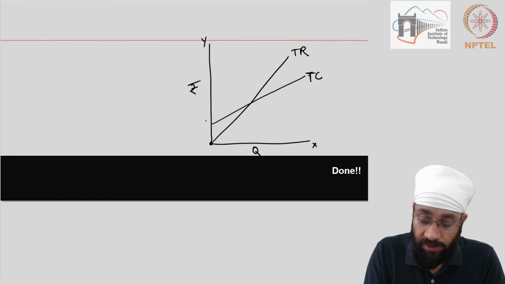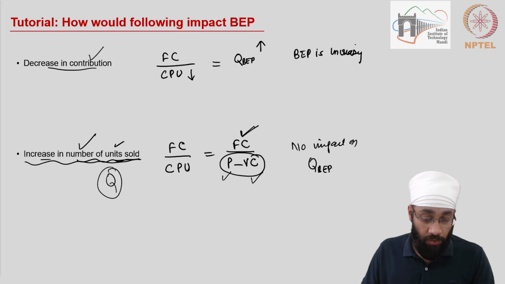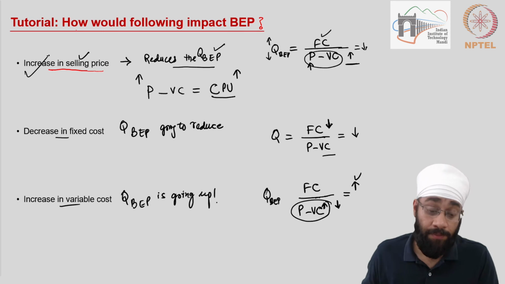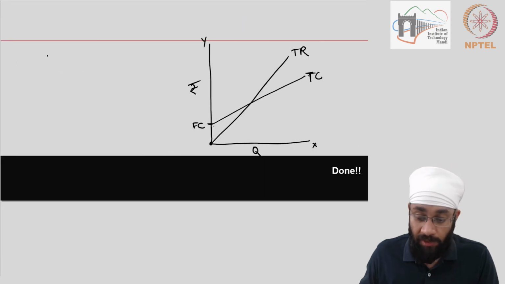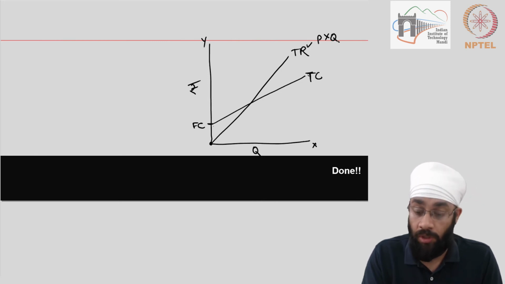And the total cost starts at a minimum level, which is the fixed cost, as we know. Now, if I were to look at, let's say, one of these numbers, the first one was selling price. P goes up. If P goes up, what is it affecting? If P goes up, then the total revenue will be affected because this is P times the Q.